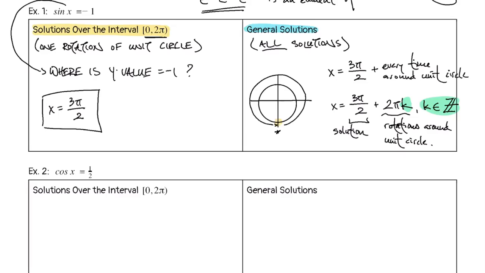All right, so if we were to translate this question the same way that Thea translated sine x equals -1, what could we say we're looking for when it says cosine x equals 1/2?